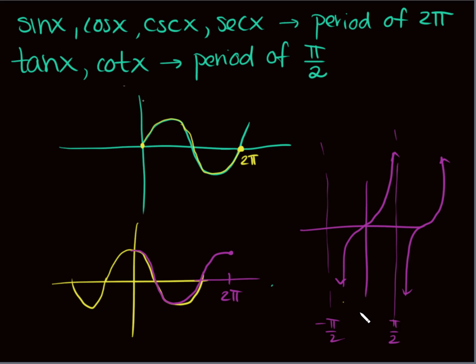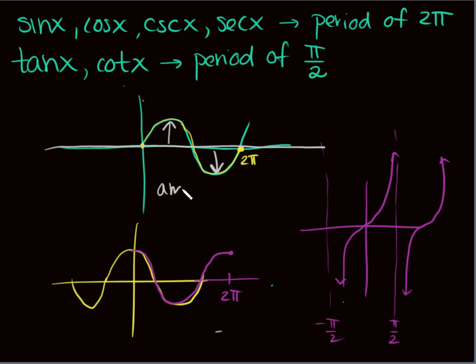We have a couple more things to talk about. We need to talk about amplitude and stuff. I'm going to tell you right now, we're going to deal with amplitude later, but the amplitude of sine and cosine are 1. The definition of amplitude is half the distance between the maximum and minimum value. If you cut this graph in half, how far above does it go and how far below does it go?